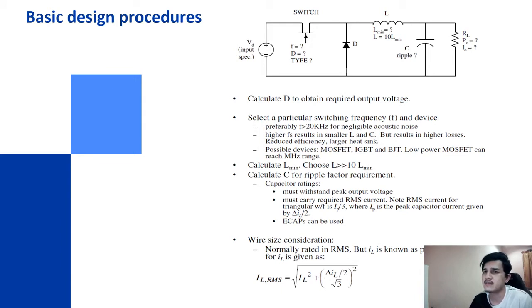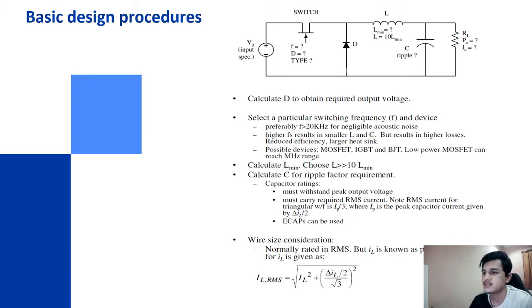And then basic design procedures. We have a graph and calculate D to obtain the required output voltage, and select a particular switching frequency F and device, preferably F bigger than 20 kHz for negligible acoustic noise.